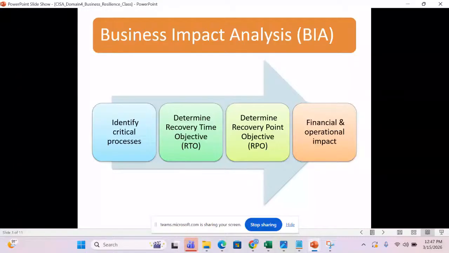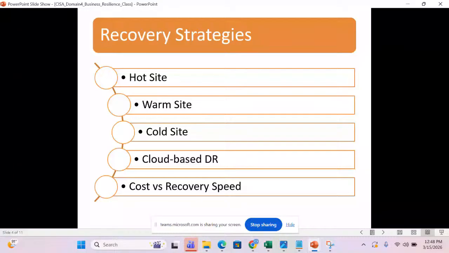All right. So if that's been understood, let's move into our recovery strategies. For recovery strategy, we have 5 different areas.